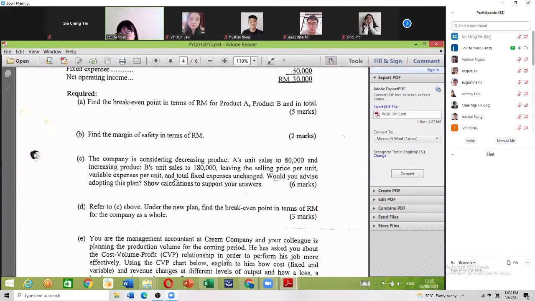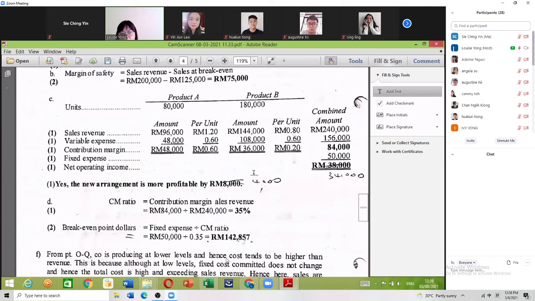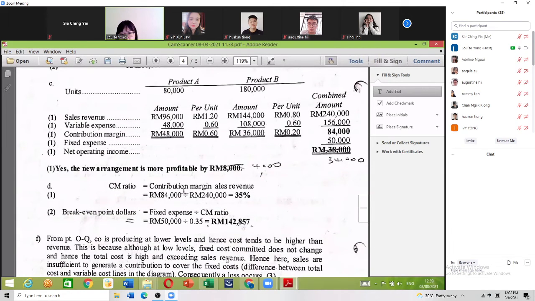他有时候题目没有讲得很清楚，没有说 please prepare your income statement，他只是说你会 advise 选择这个 planning 吗？你就要去算，到底这个 planning 能够赚多少，目前是赚多少。Part D 他就问你，Refer C under this new plan, find the break-even point in terms of RM for the company as a whole. 如果 sales mix ratio 现在换了，18 to 118,000, what is your break-even point in RM now? 你就把它算出来。The suggested answer here, 你可以去算你的 CM ratio.